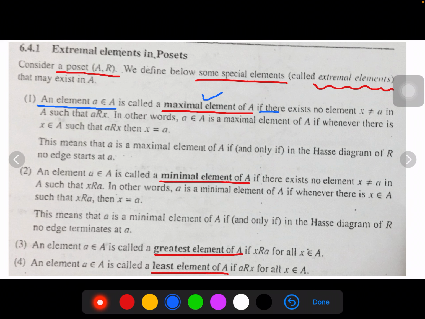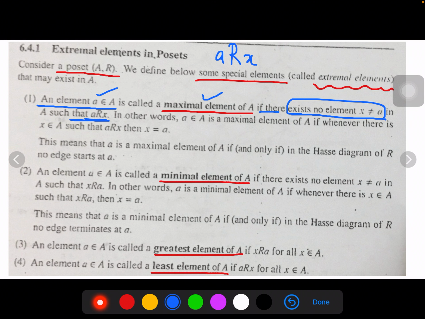If there exists no element x, which is not equal to a, because already you have taken a as a maximal element, there should not be any other element in A satisfying this condition. So what is the meaning of a related to x as per the poset diagram?